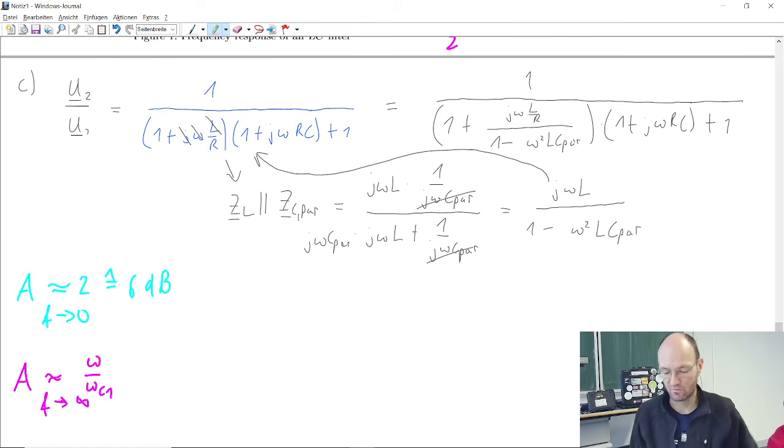It was the second one, I think. So we just get this. And this corresponds just to a 20 dB increase per decade.